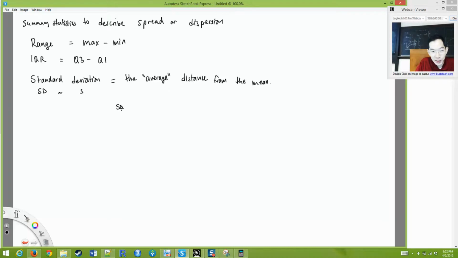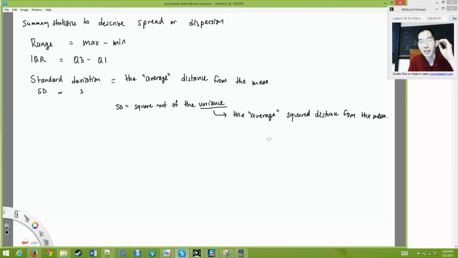So the standard deviation is equal to the square root of the variance, and the variance can be thought of as the average squared distance from the mean. Okay, so they're both kind of this quote-unquote average distance from the mean, and so this is a weird concept, a weird idea, and we can go into the calculation of the standard deviation.